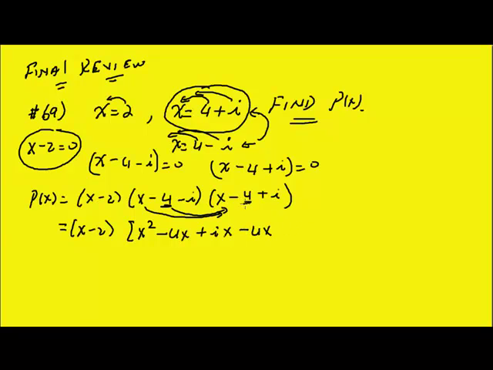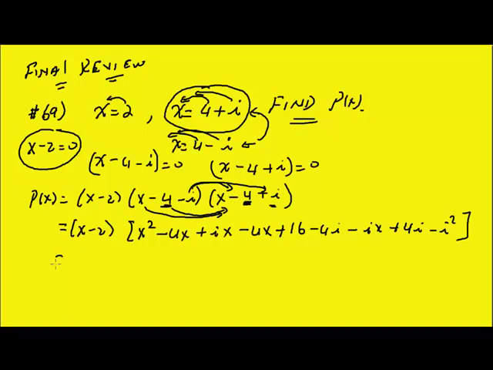Negative 4 times negative 4 is positive 16. And negative 4 times i is going to give me negative 4i. Right, I have negative i to multiply through. Negative i times x is going to give me negative ix, or xi. Then negative i times negative 4 is going to give me positive 4i. And then negative i times positive i is going to give me negative i squared.